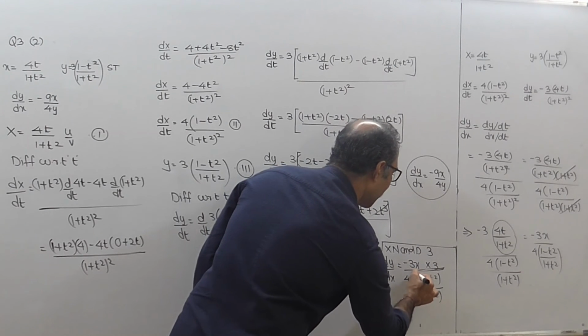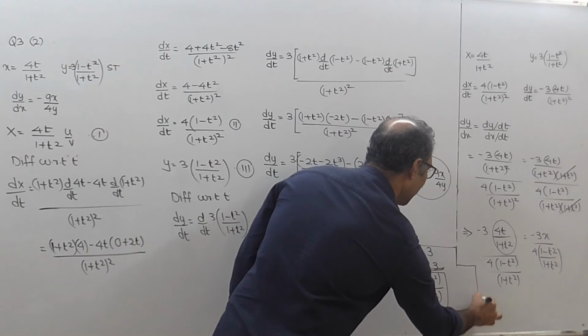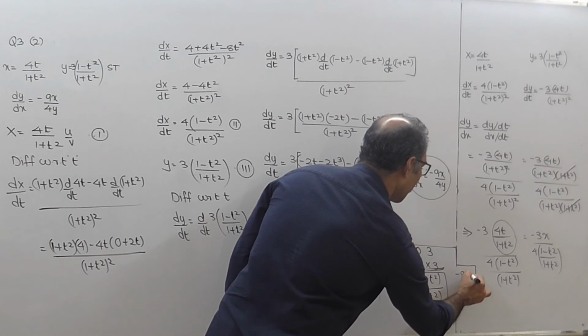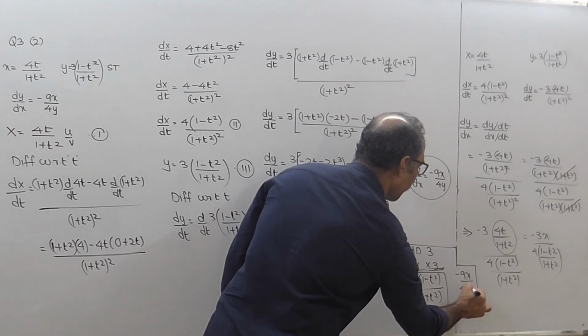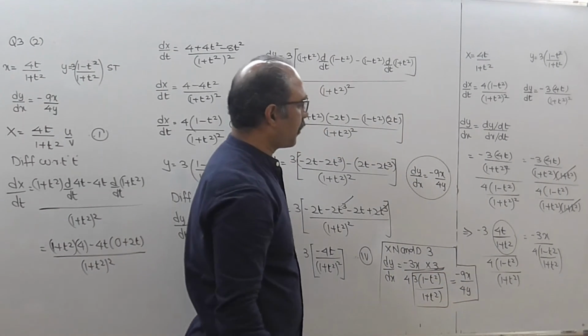So this entire thing will turn out to be y. So I get minus 3x into 3, which is nothing but minus 9x, and 4 into 3 into (1 minus t square upon 1 plus t square) is y. Therefore the answer will be minus 9x upon 4y.